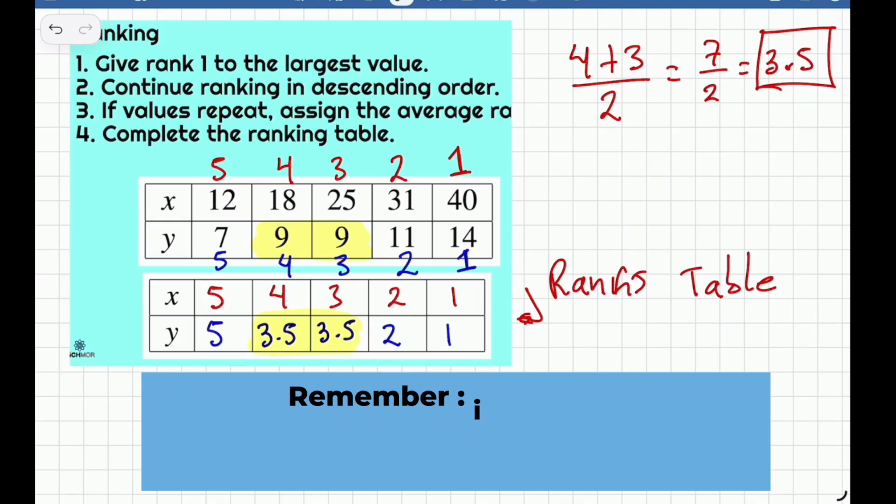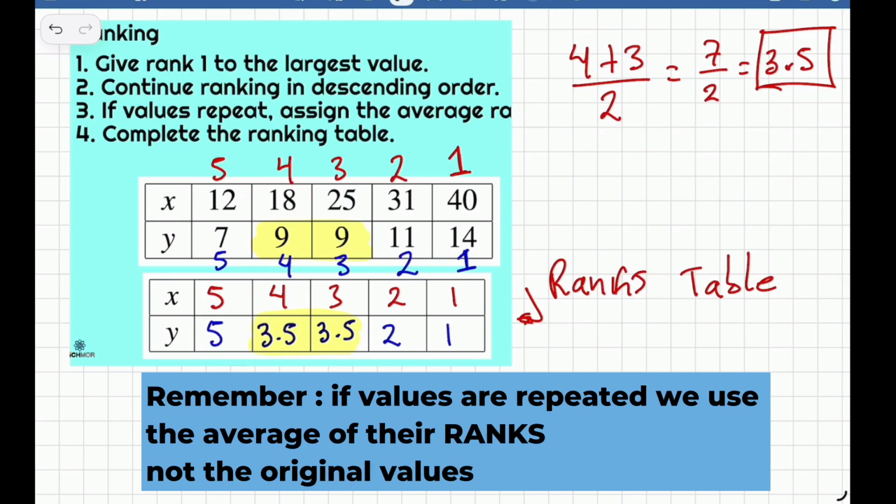Okay, but then what? If we have this new table, the ranks table, now we are going to find the R using the calculator. So we are going to do exactly the same as before, but now using the ranks table.